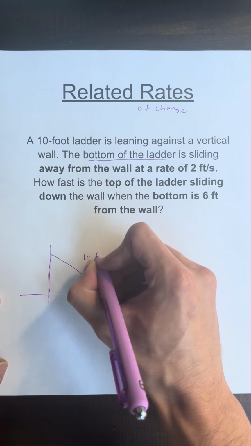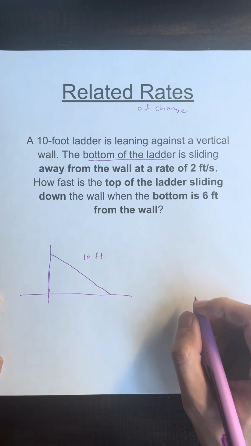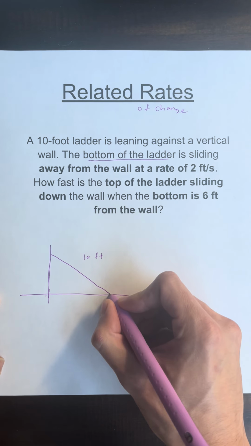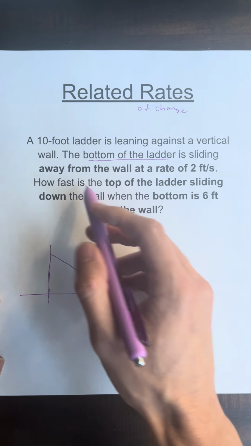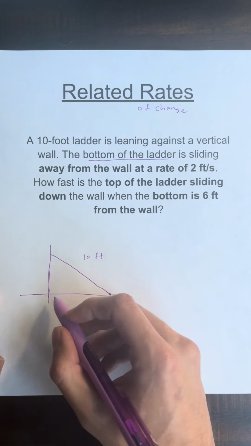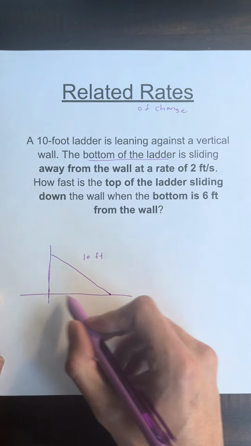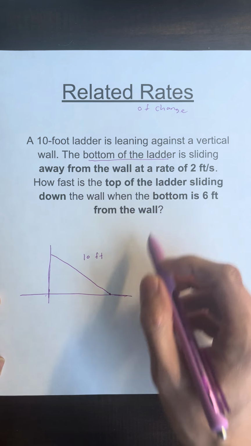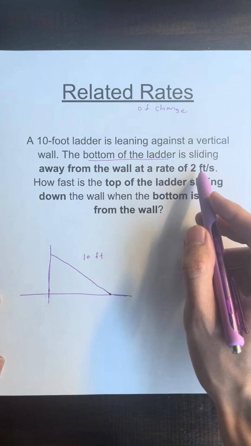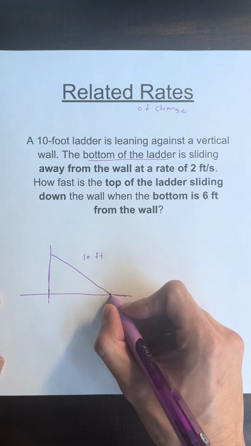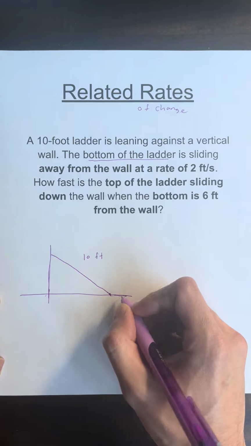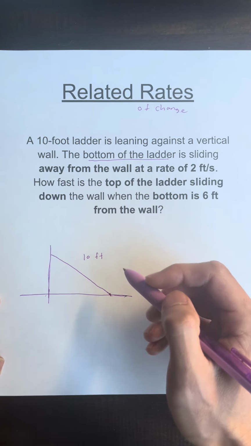It's 10 feet long. Now, the bottom of the ladder is sliding away from the wall. So it's moving away from here, right? Moving away from the wall at a rate of 2 feet per second. So it's moving away, and so that's what's changing.